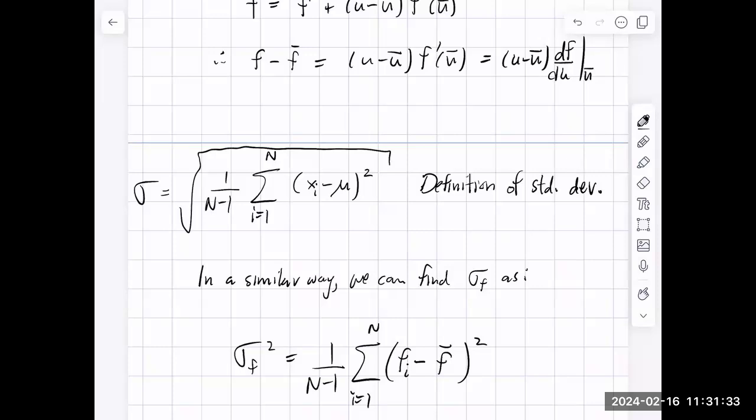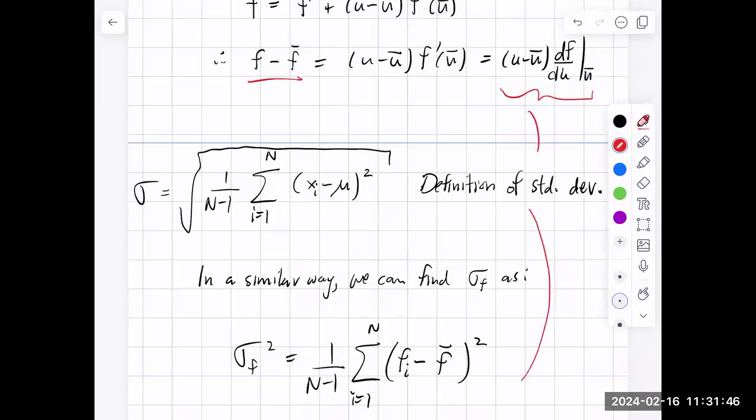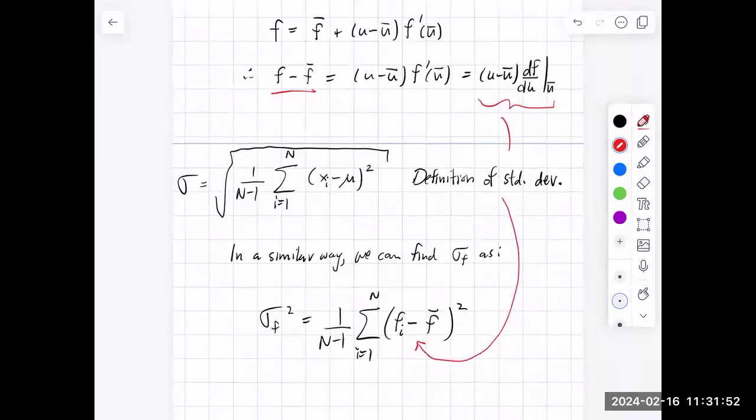Okay, so fair enough. But if you look, this F minus F bar, we've expressed in this way. So we're going to take that and sub it in here. And so what happens if we do that?